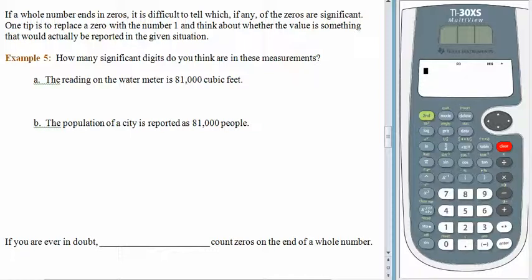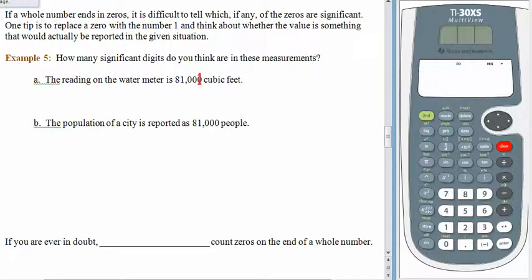For example, if you went down and you looked at the reading on your water meter and you saw 81,000 cubic feet of water had been used, would it be sensible for you to look at the water meter in a little while and see 81,001 cubic feet? Could you do this? And would you see a reading like that? And the answer is yes, you would.